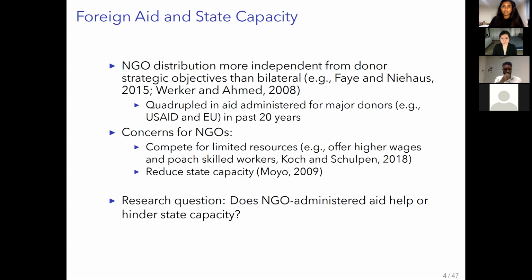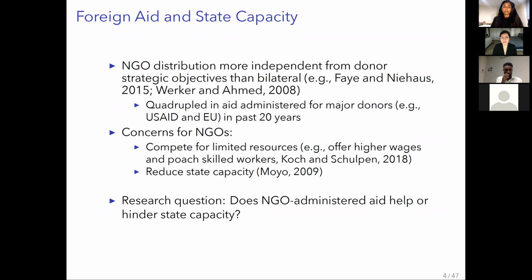So because of that, in the last 20 years, the amount of aid administered by NGOs has more than quadrupled. At the same time, people have started to express concerns for NGOs. One of the main ones is that NGOs don't coordinate with each other or with governments, and they offer very high wages, much higher than the local labor market.